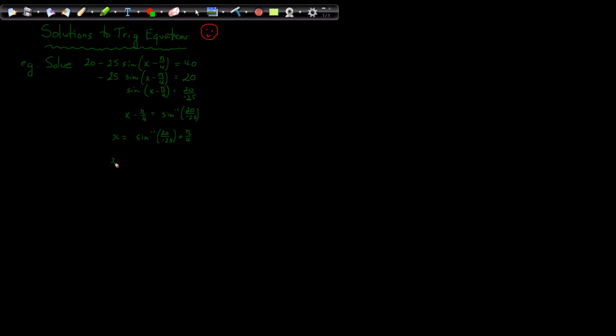Now plugging that into your calculator, should give a value of negative 0.142. Let's say we're rounding here to 3 decimal places.